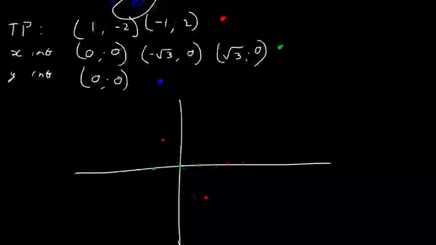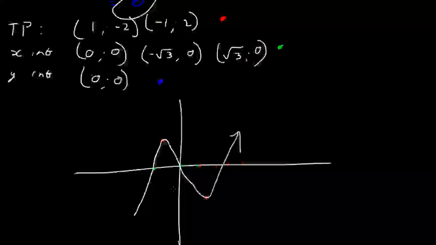And then we've also got our y-intercept, which is at 0, 0, same as our x-intercept. So let's join up the dots. Remember, it turns at the red points. So we go there, go through and turn. Then we go down and turn and up.